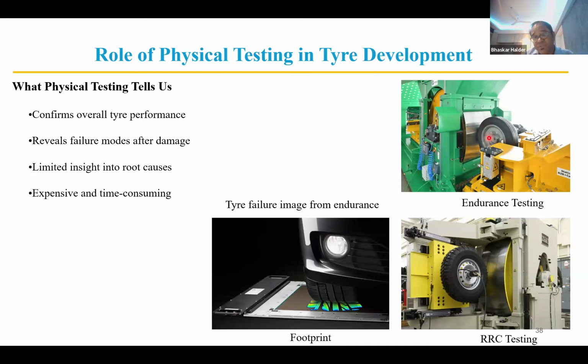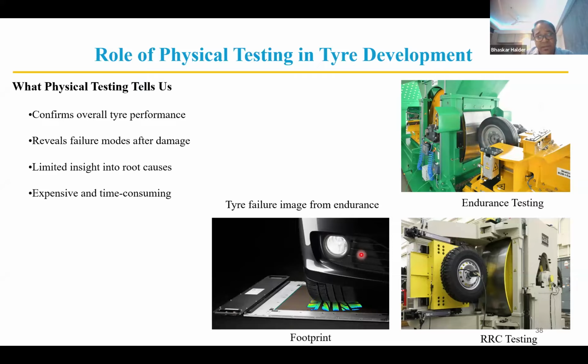With this machine we can give some slip and some camber. Whatever my requirement, I can give. It is a validation machine that can give me confidence before going to the market that my design is correct and appropriate.